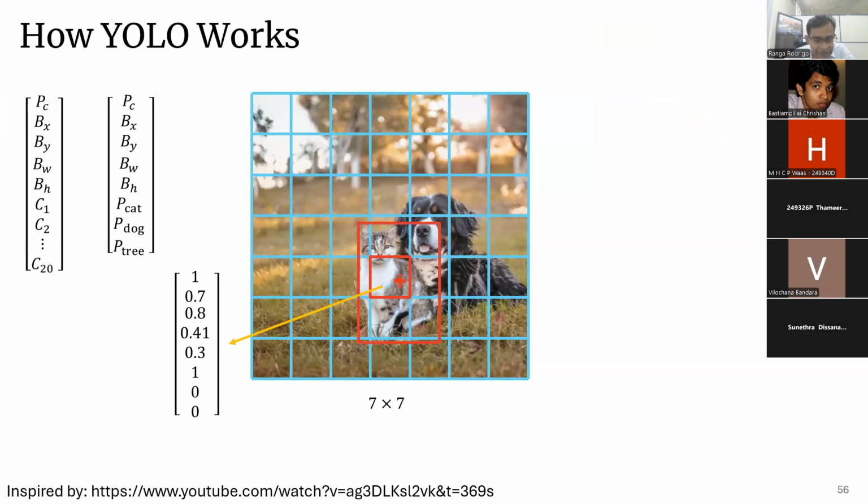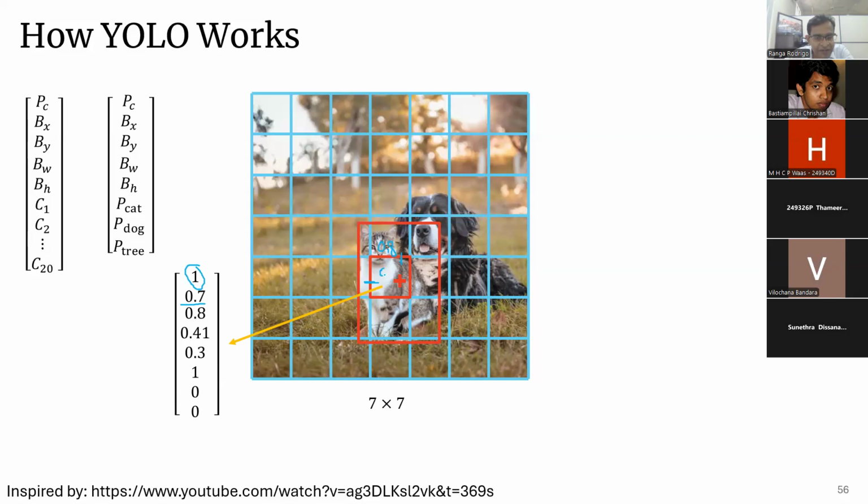So for that particular cell, in the ground truth, the probability of an object being there is 1. Within that cell, this is about 0.7, 70% of the cell, and this is about 0.8.